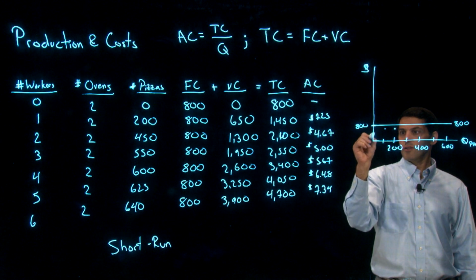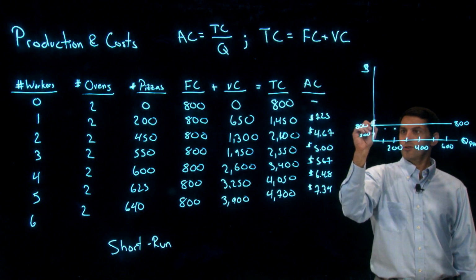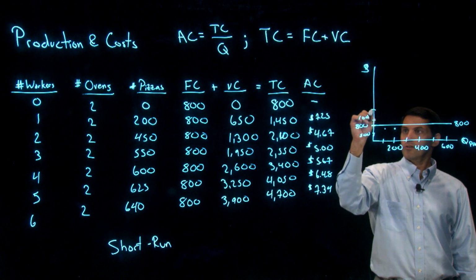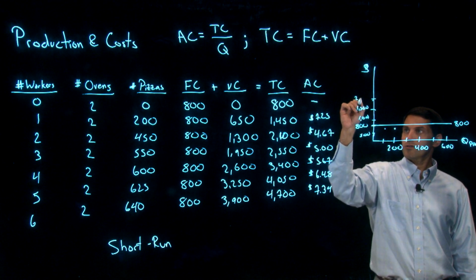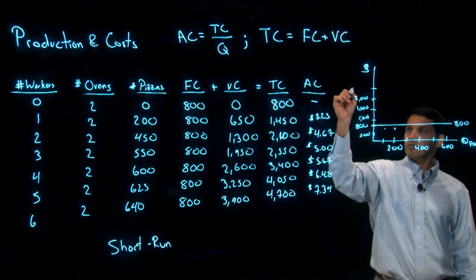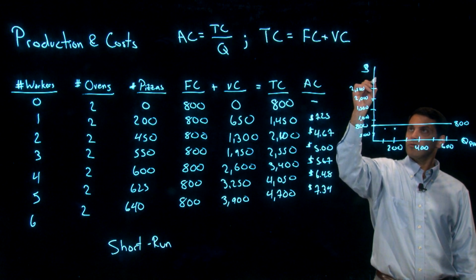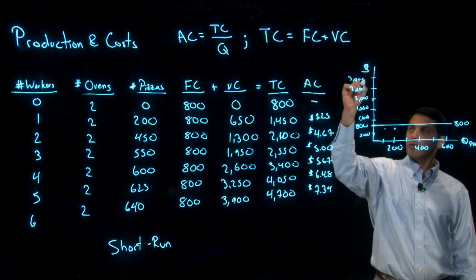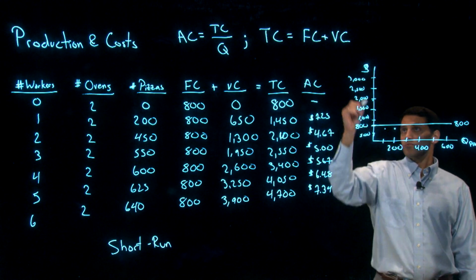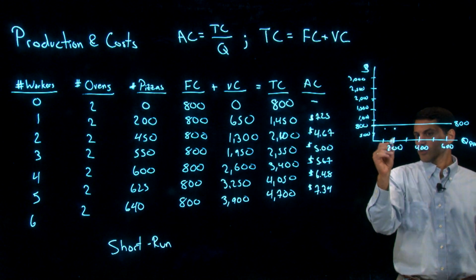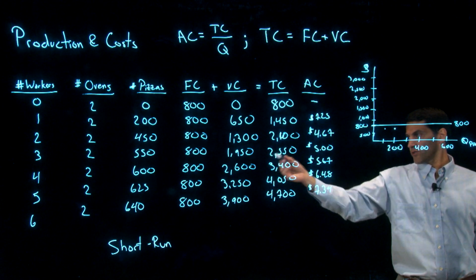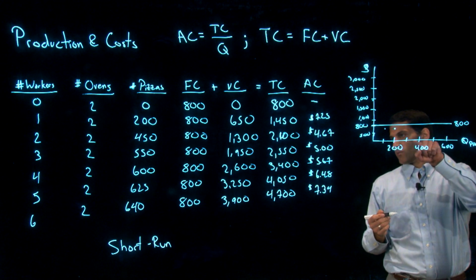So if I do, say, like 500, 1,000, 1,500, 2,000, 2,500, and 3,000. And we're going to keep going up from there. So then to get this 450 pizzas, I had that second worker.